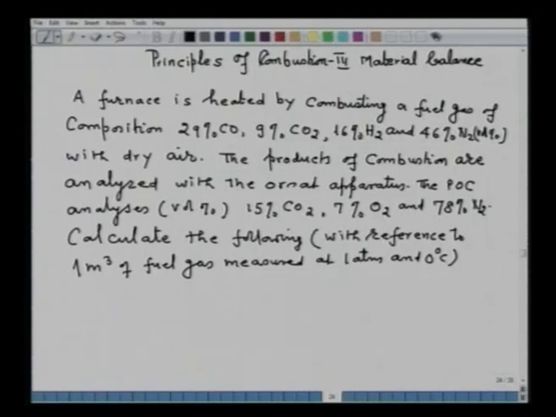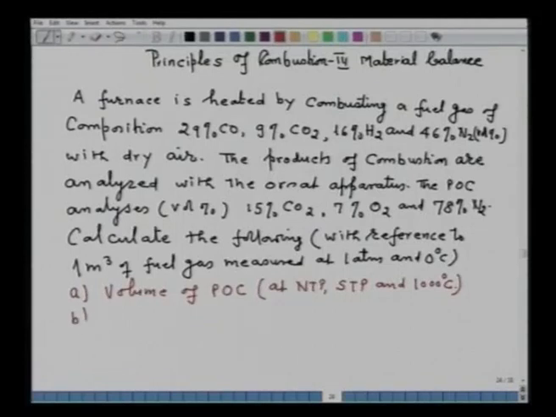We have to calculate the following. A, calculate the volume of POC. Report the volume of POC at NTP, STP and 1000 degree Celsius.